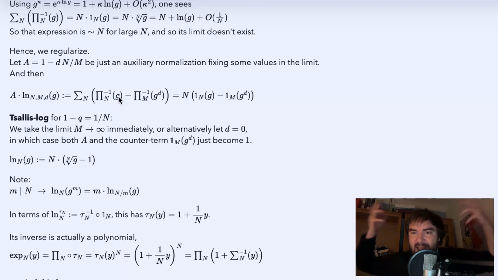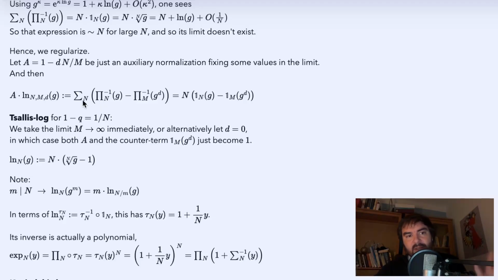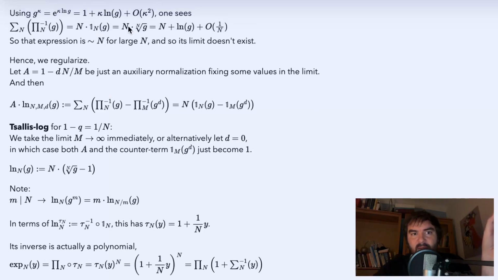You take high roots, and then you've made it small, then you make it bigger again, but not in the multiplicative sense, but in the additive sense, right? This thing here where you take the inverse of the product and then take the sum function. This is the logarithm. And just to make it converge, just to make it not go to infinity, you add a counter term. And depending on what counter term you take, you get different deformations of logarithms.